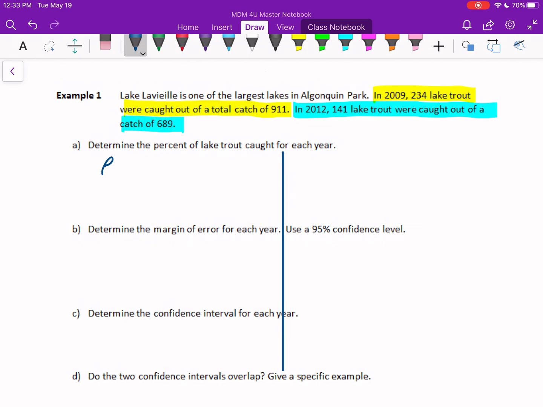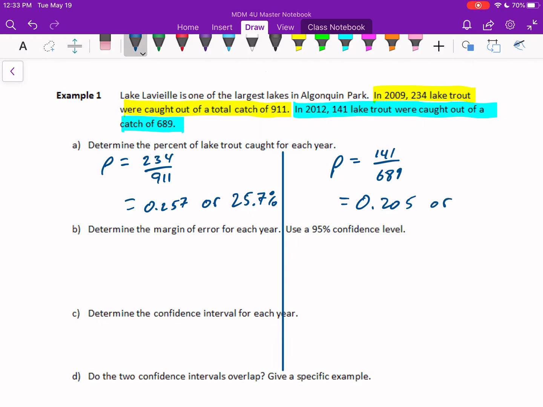So the percentage of lake trout, P, is 234 out of 911 caught, so that equals 0.257 or 25.7%. For 2012, we had 141 out of 689. So that's a lower percentage. It's 0.205 or 20.5%.